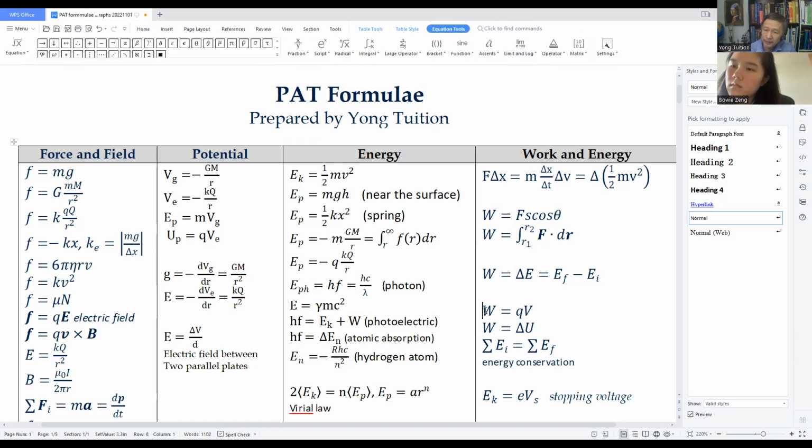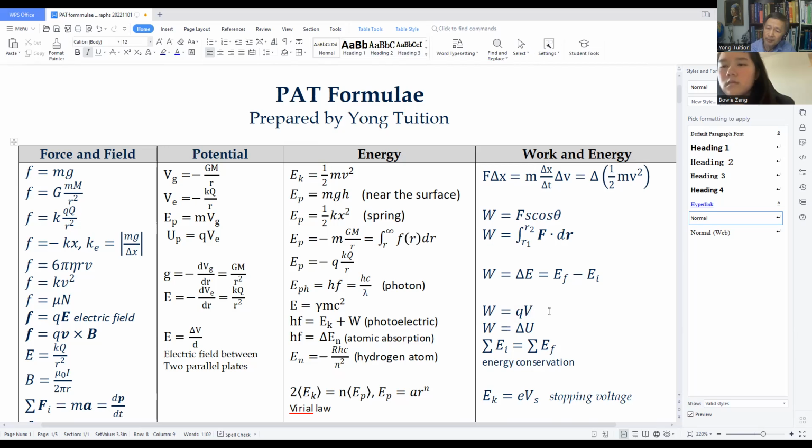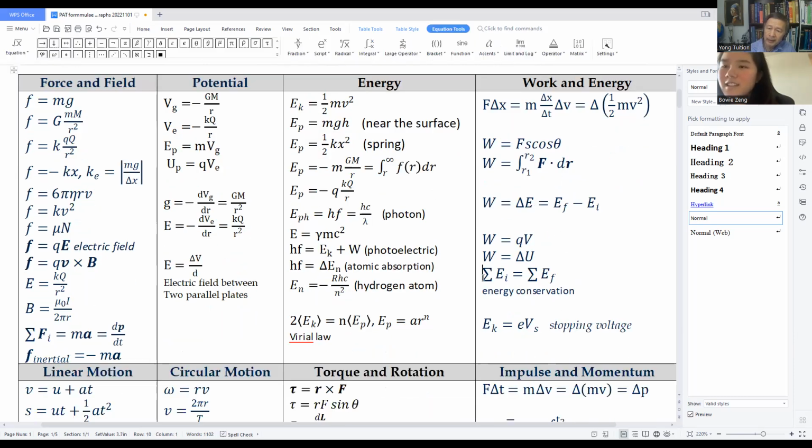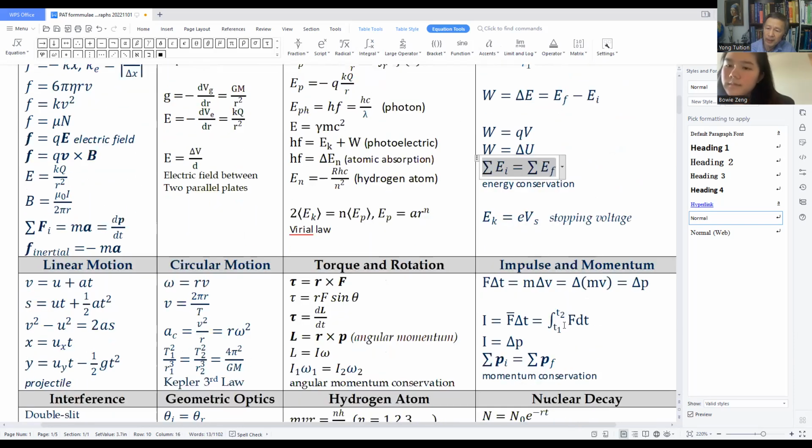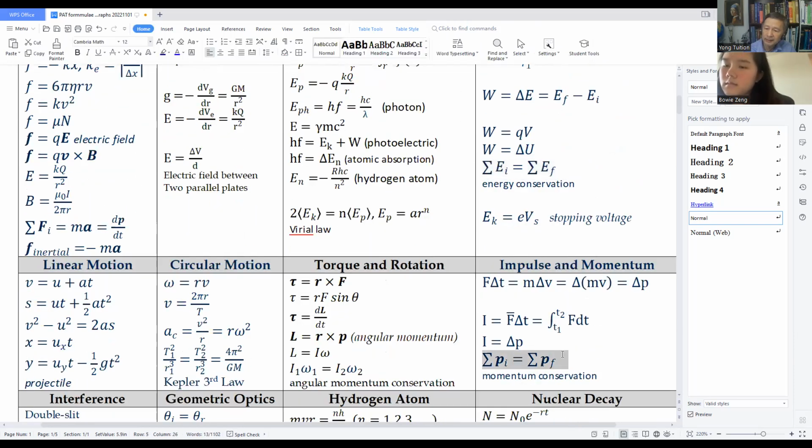And for example, when we start electricity, do you remember that work done is equal to Q multiplied by the potential difference? Do you remember the formula in your ETA? No. Anyway, an important thing is the energy conservation law. There are two conservation laws. One is the energy conservation law, another is the momentum conservation law.